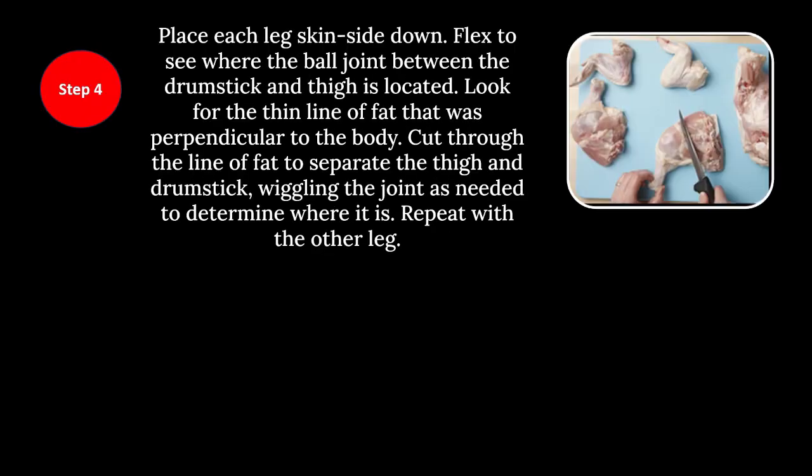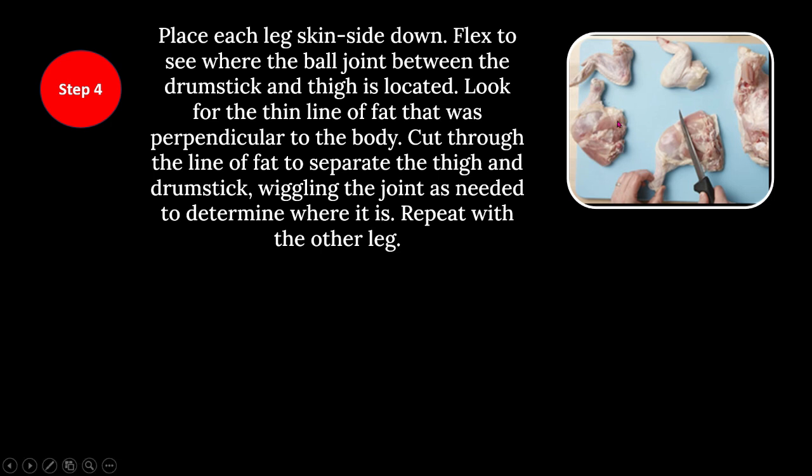Now step 4. You can see that we have removed two winglets, and two legs are removed. Now place the leg upside down, that means the skin side down. You can see that the skin side is at the bottom. Once you put that, you can see that here in the middle there is an off-white color line visible.